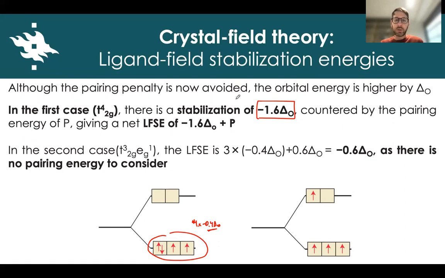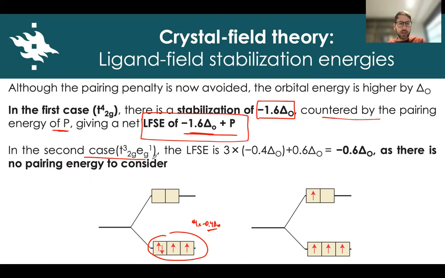So we have the stabilization of minus 1.6 of the ligand field splitting parameter, countered by the pairing energy, represented by P. So the net ligand field stabilization energy is minus 1.6 of the ligand field splitting parameter plus P, because this pairing energy reduces the stabilization.